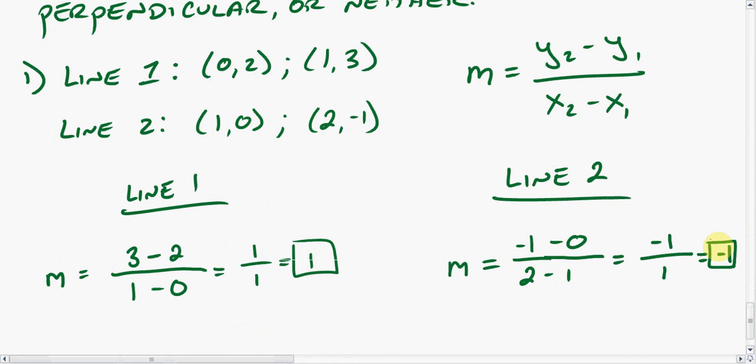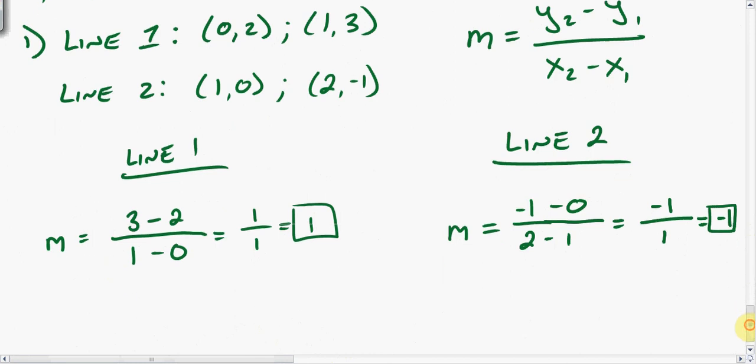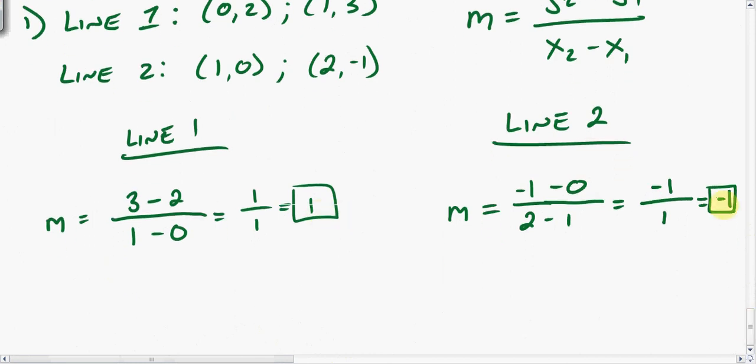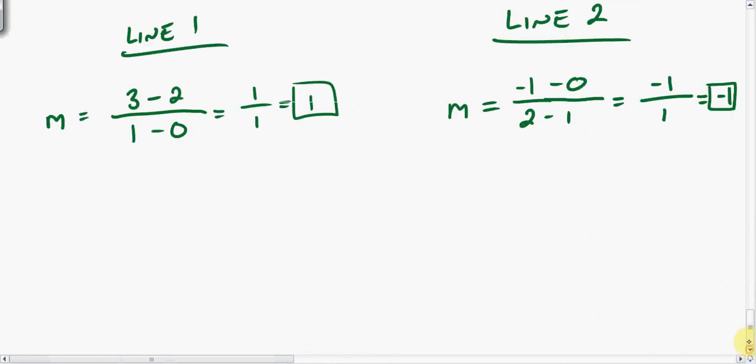So our last step will be to analyze these two. We want to say, are these the same? If they are, we would have parallel lines. But 1 and -1 aren't the same. So our next question is, are they opposite reciprocals? So remember, m equals 1 is the same thing as 1 divided by 1. m equals -1 is the same thing as -1 divided by 1.